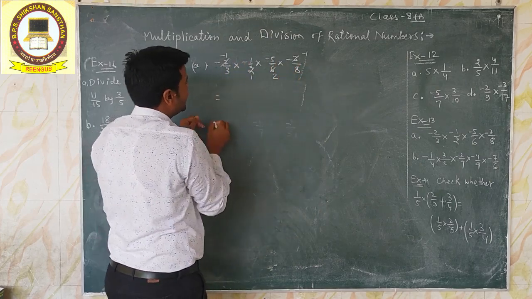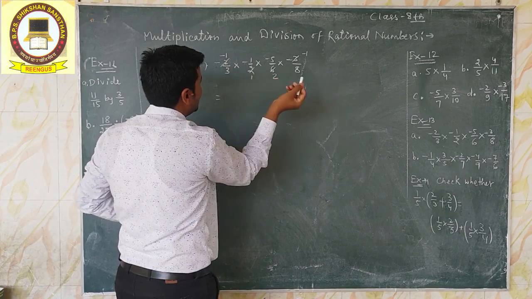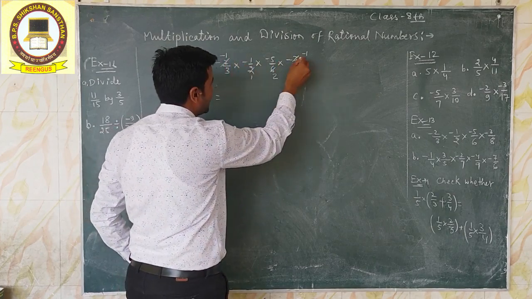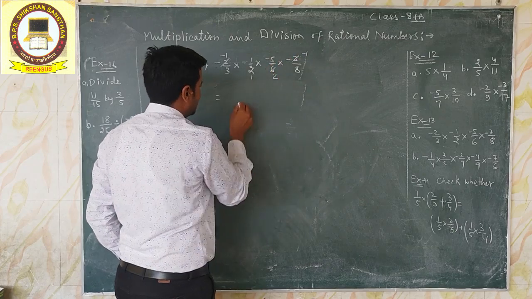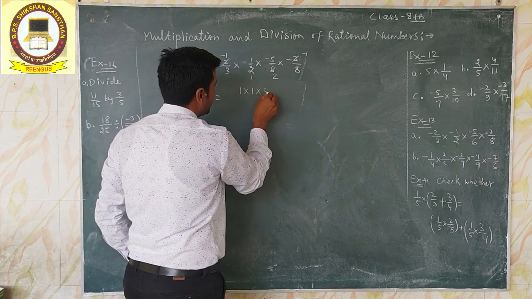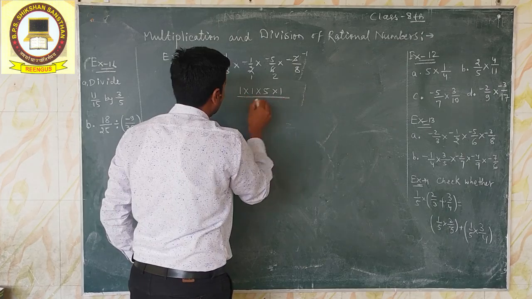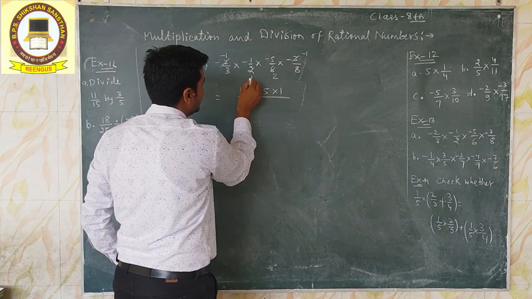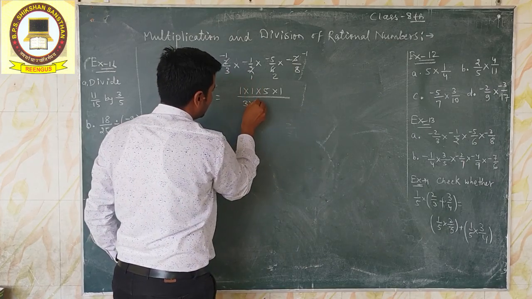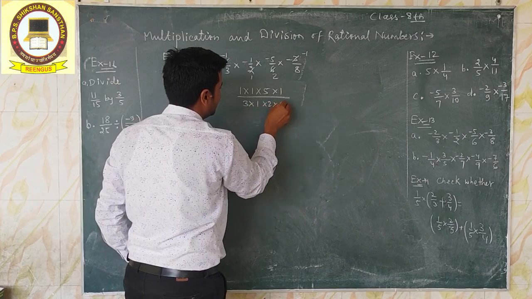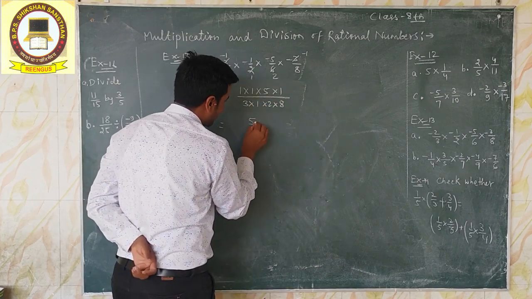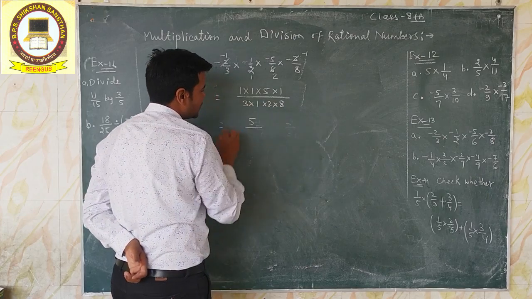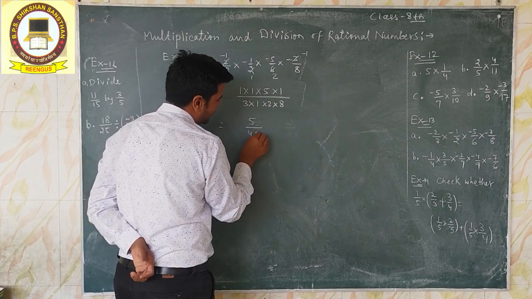So now we multiply numerators: 1 into 1 into 5 into 1 is 5, and in the denominator we have 3 into 1 into 2 into 8. 16 multiplied by 3 becomes 48.